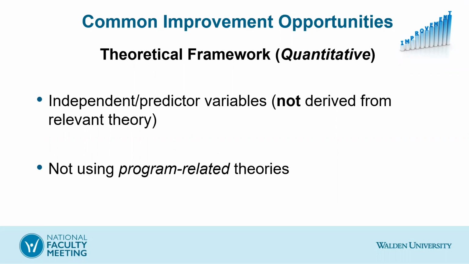You might have it disjointed, where you have other independent variables that have a different theory. If they have different theories, you have to identify all of the theories in your theoretical framework. But the theoretical framework has to align with the independent and predicted variables in a correlational study. Next slide.